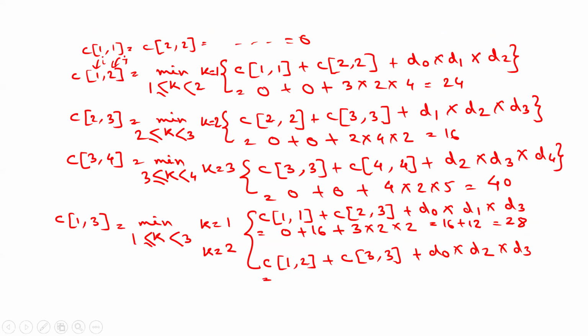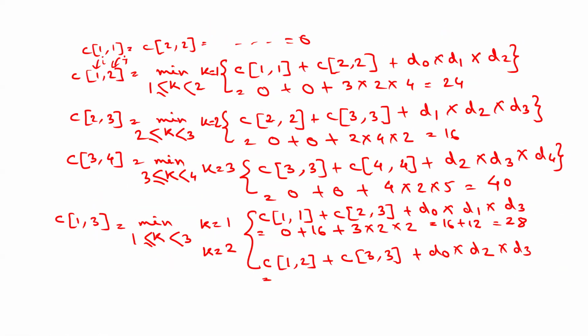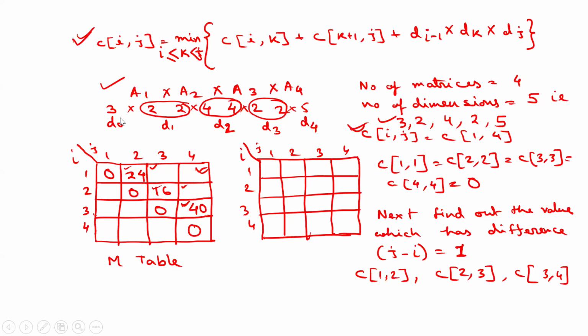Here the calculation: C12 equals, check the table, C12 is 24. C12 24 plus C33 is 0 plus d0, d2, d3. Check the dimension. d0 is 3, d2 is 4, d3 is 2.